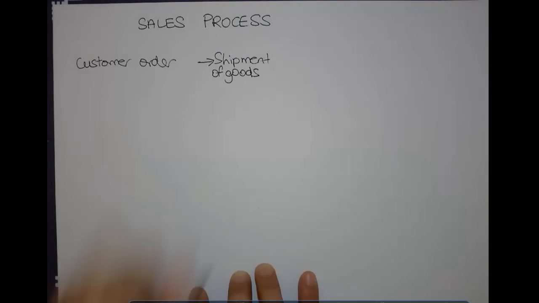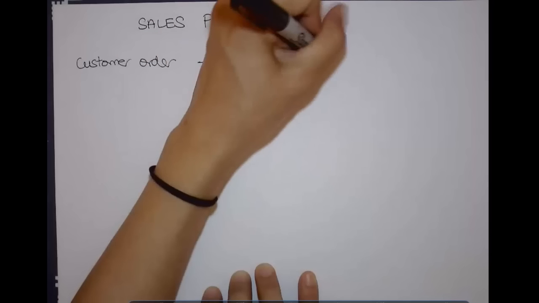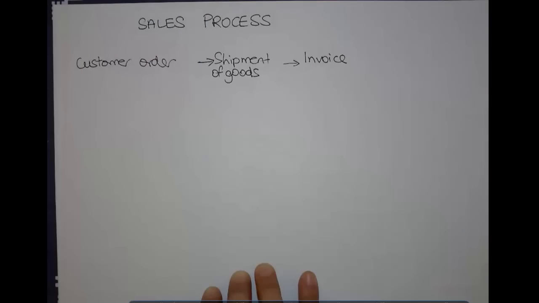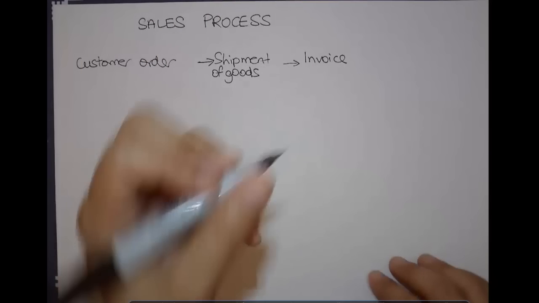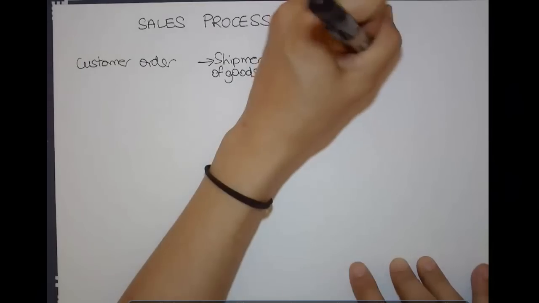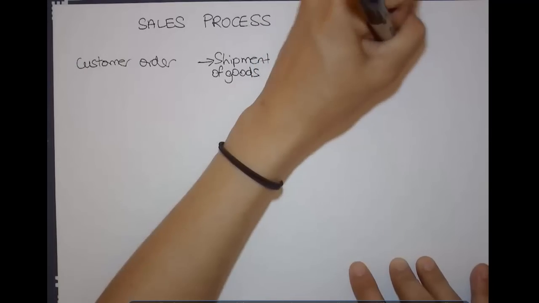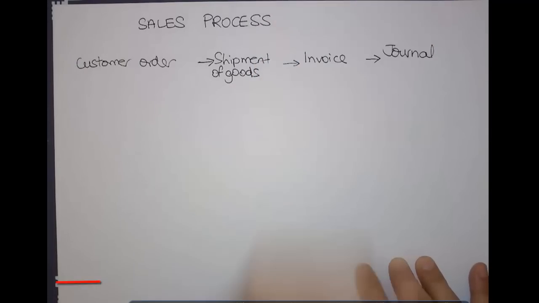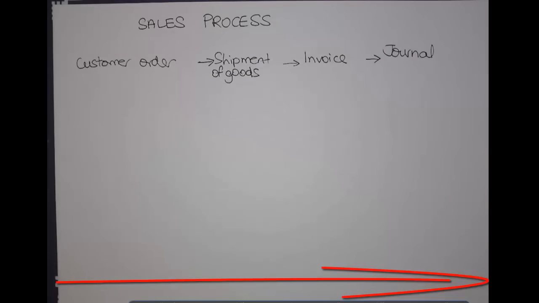Typically we'll send the customer some sort of invoice to show them how much they owe, and then we'll record our accounting transaction in a journal.